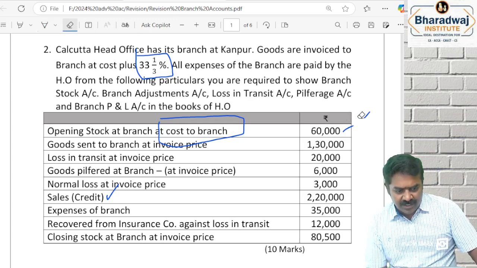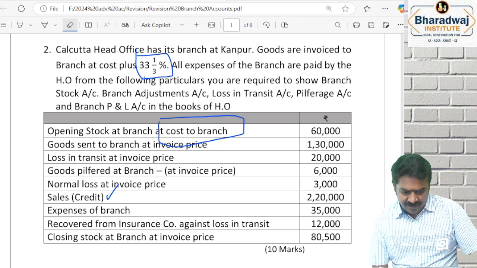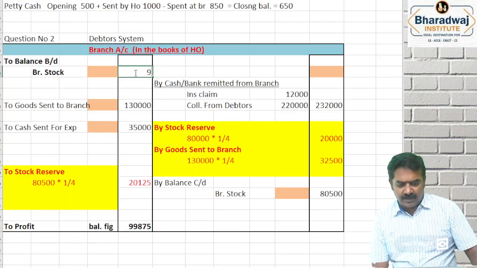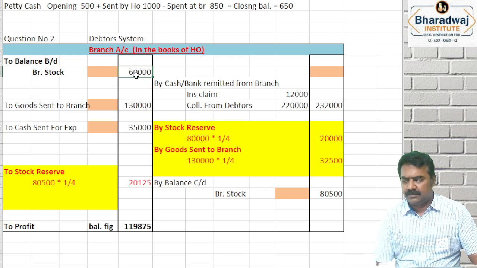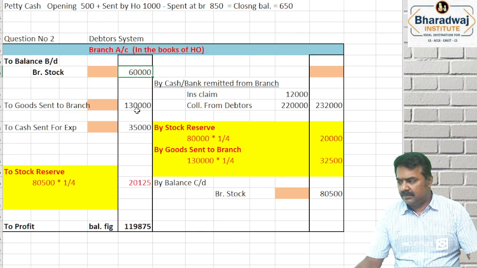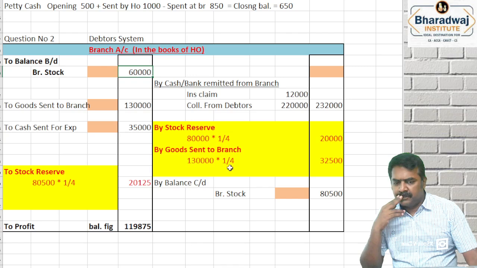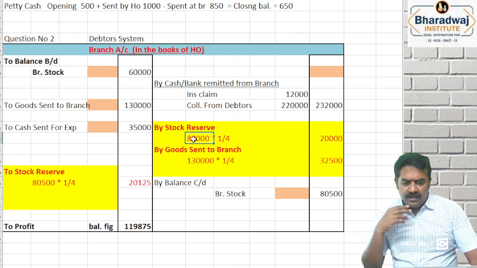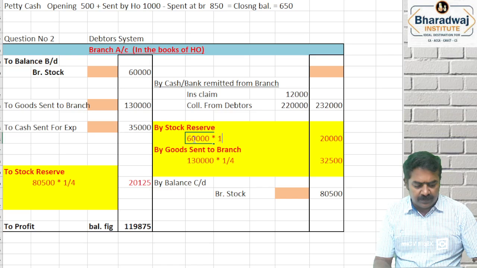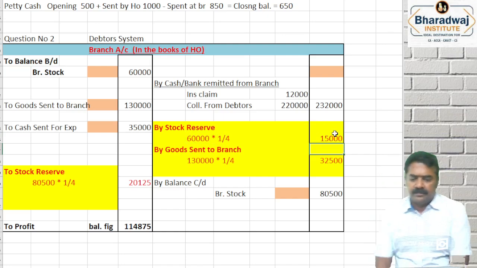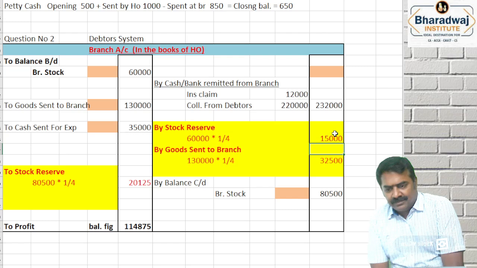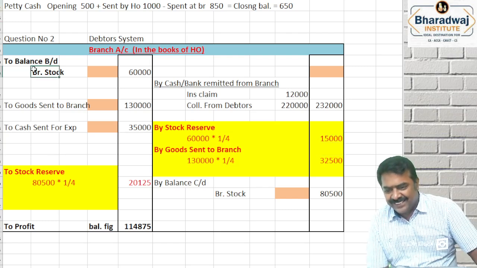So this 60,000 is already at invoice price. So this will be 60,000 into 1 by 4, how much? 15,000. Branch stock, cost to the branch. Okay.